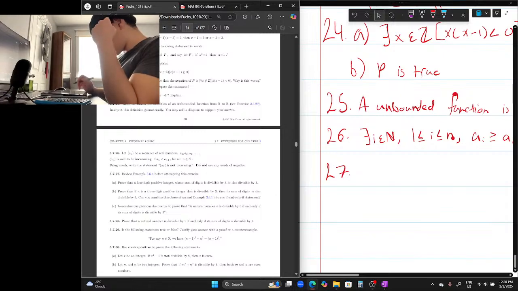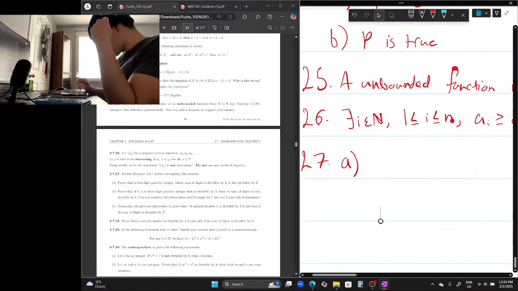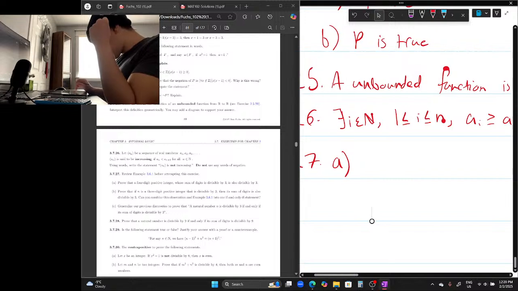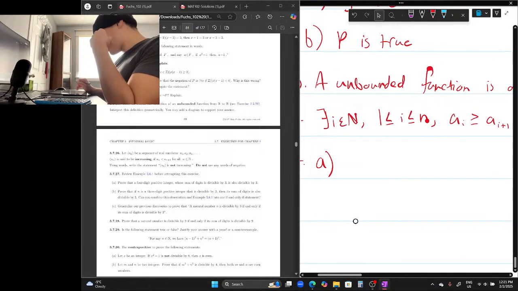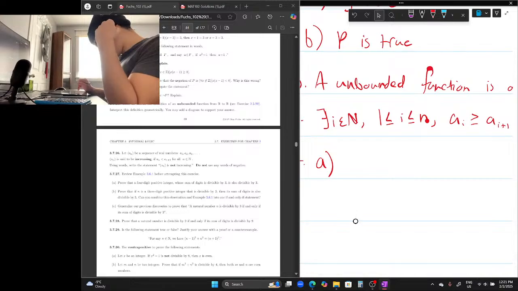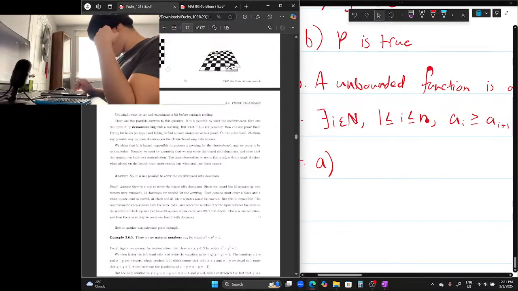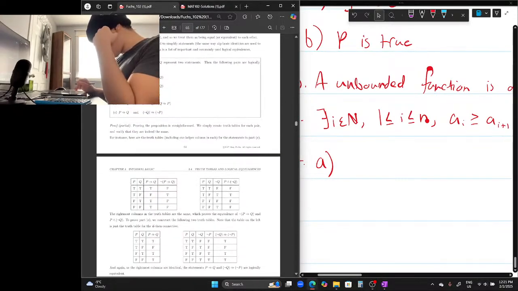Review example 3.6.1. Okay. Prove that a 4-digit positive integer whose sum of digits is divisible by 3 is also divisible by 3. Interesting. Okay, let's go to review 3.6.1 and see what they're talking about.